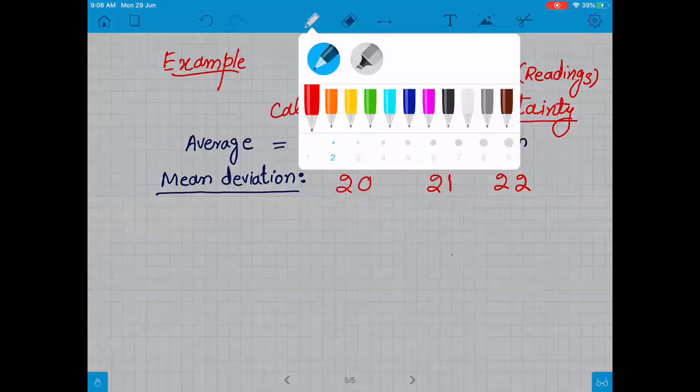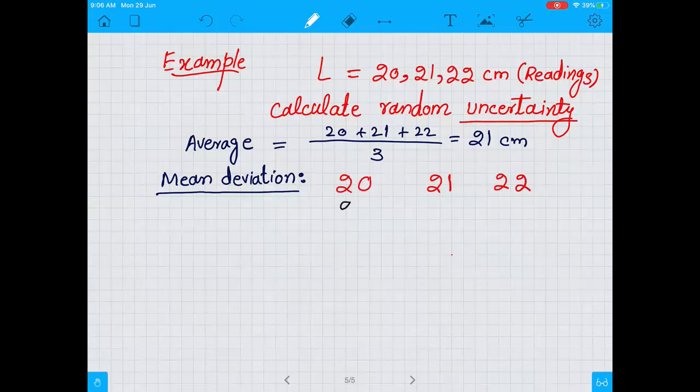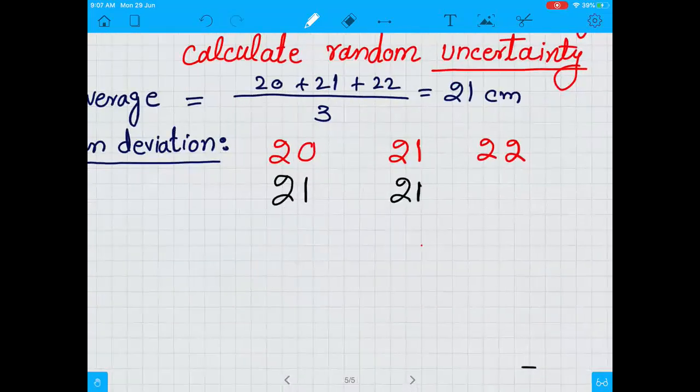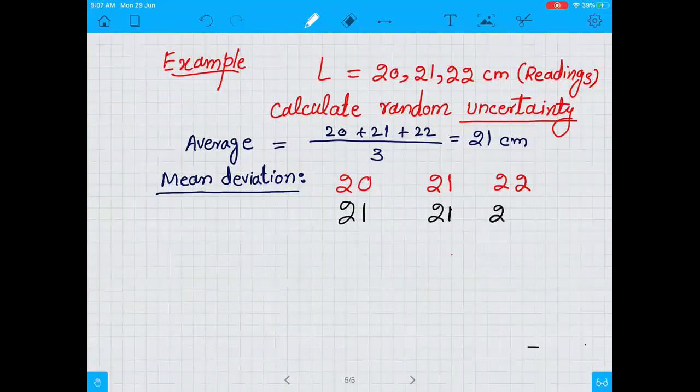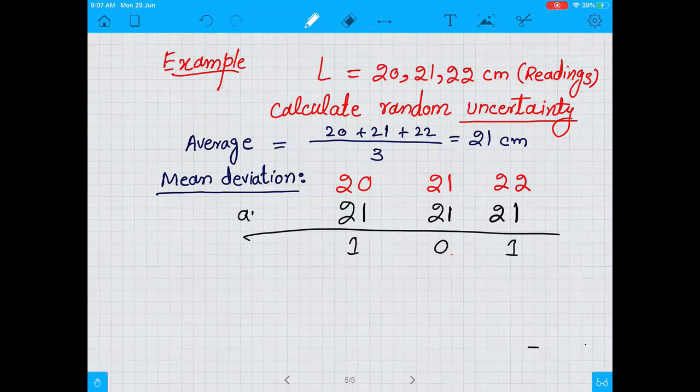Now you see your average is 21. Let's calculate the deviations: 1, 0, and this is 1. This is the average, and then you have these deviations.